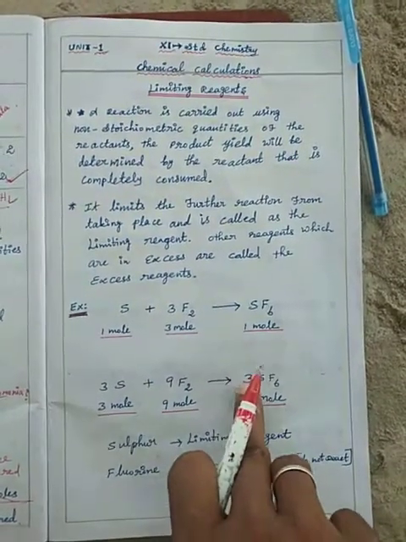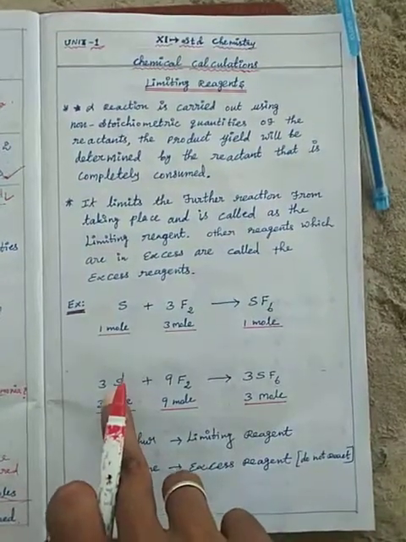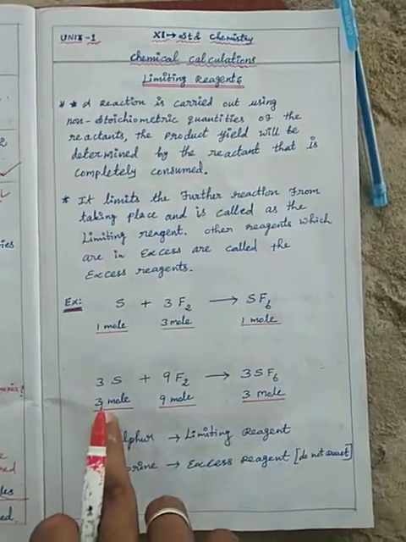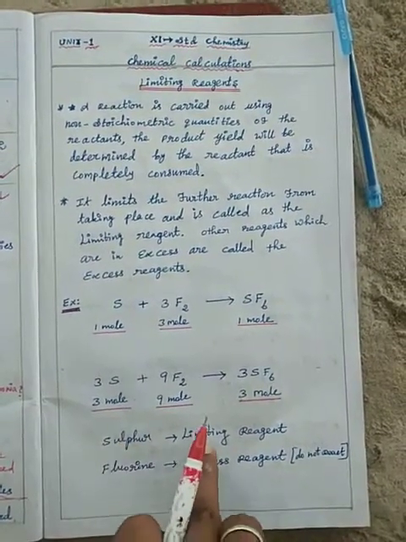So 3 times 1, the 3 moles of sulfur are completely reacted, so sulfur is the limiting reagent.